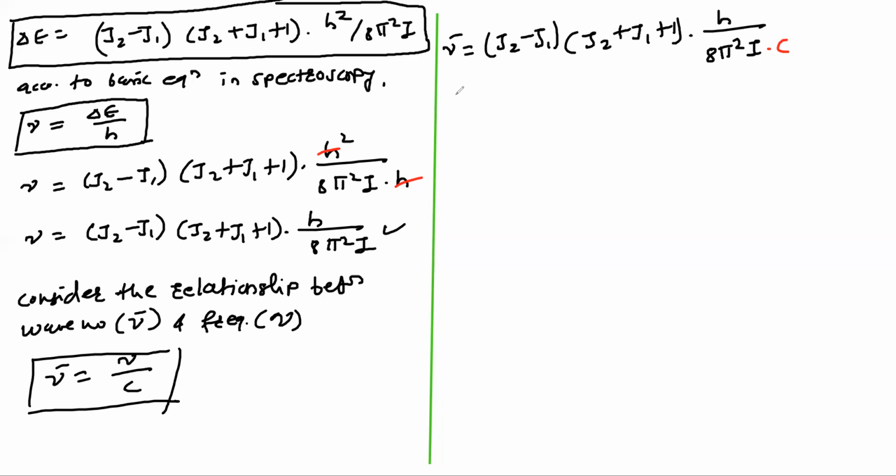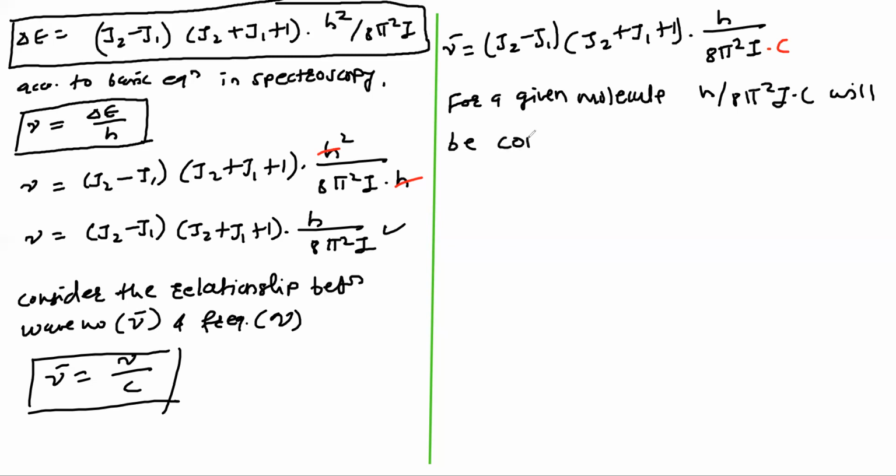Okay, as you know, for a given molecule h upon 8 pi square I c will be constant, and this constant is called the rotational constant.